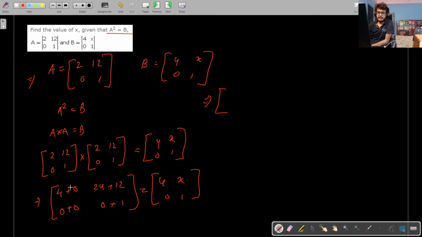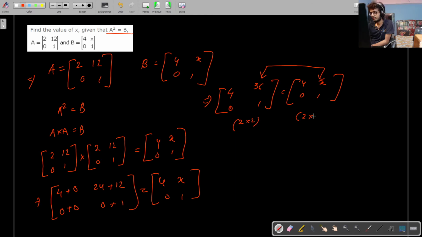When you simplify this, you get 4 plus 0 is 4, 0 plus 0 is 0, 24 plus 12 is 36, 0 plus 1 is 1, which is equal to 4, x, 0, 1. So this can be equated because this is a 2 by 2 matrix and this is also a 2 by 2 matrix, so x is equal to 36.